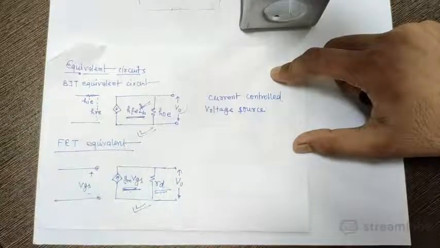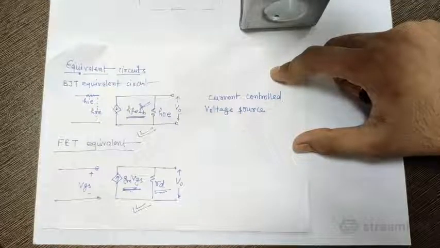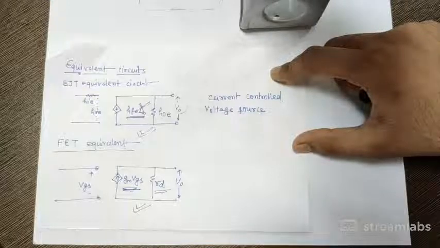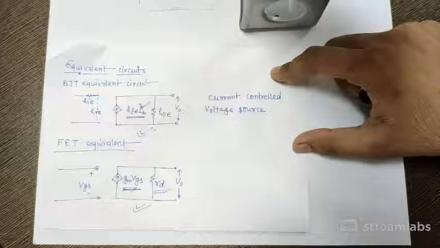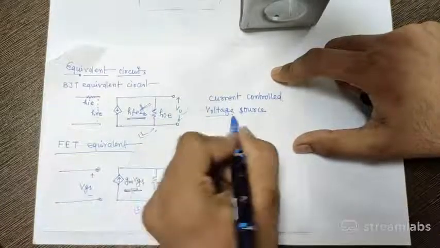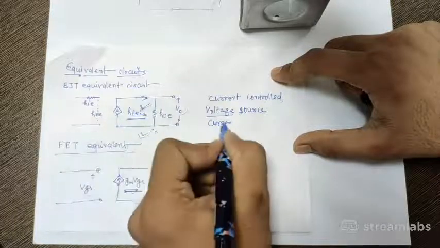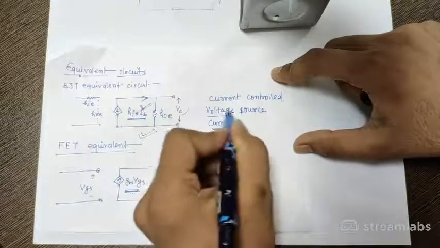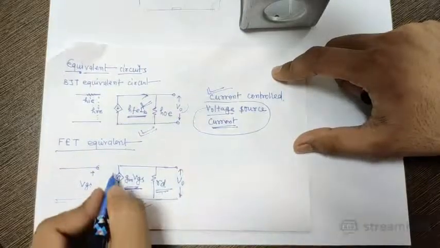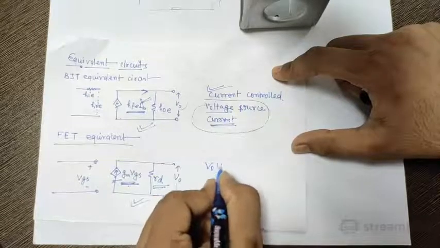In fact, you can say this is a current controlled voltage source, or I can say, if I take current, I can take current also from here. So this is also a current source. So voltage source and current source coming in the output is controlled by current. Here you can say the output voltage is voltage controlled.